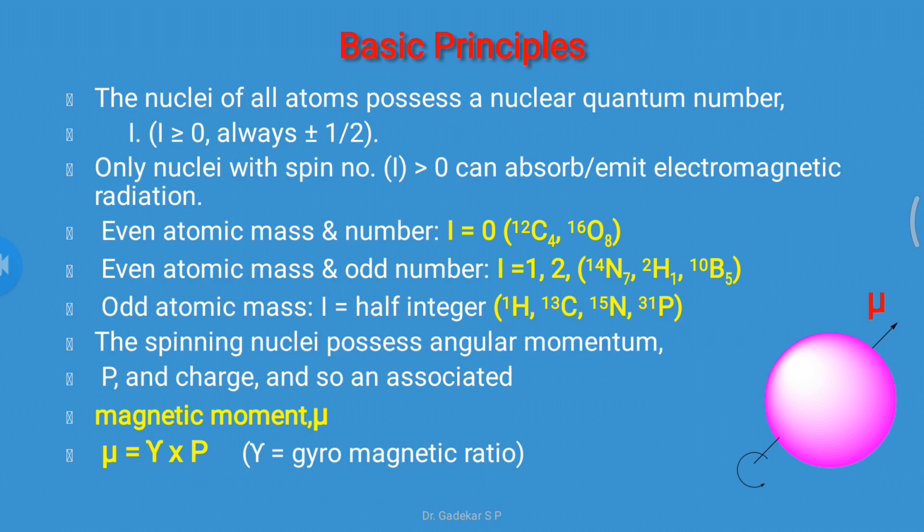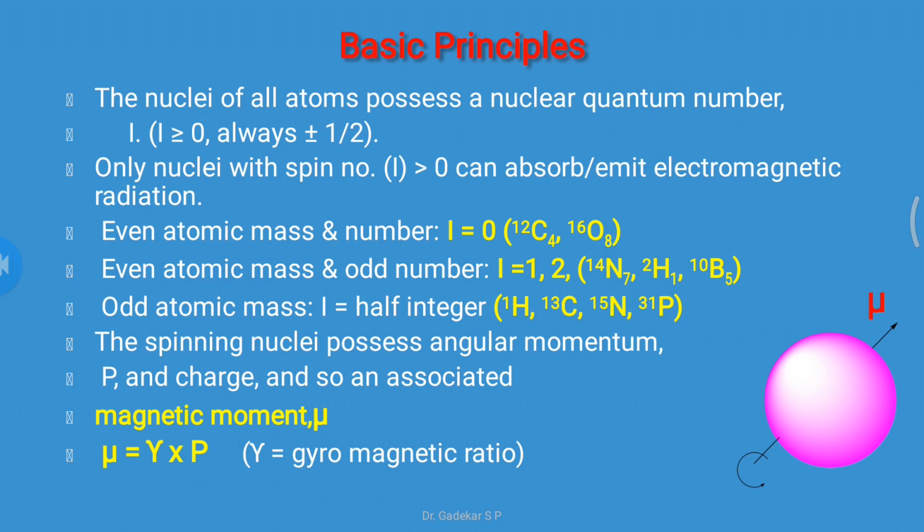So with even mass number and even atomic number, they are inactive. But with even mass number and odd atomic number, the spin I is integral, such as 1, 2, 3, and they are also magnetically active.